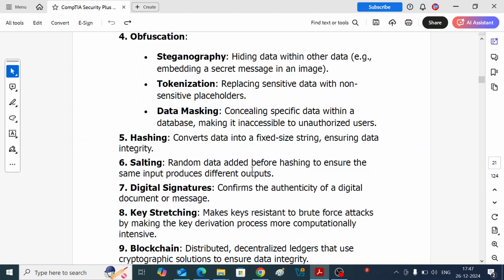Anything you change within the key is supposed to change the entire hash. It's not that you change a particular thing and it changes only one of the characters in the hashing key. No, it changes the entire key. So that's how hashing works. And why is hashing used?